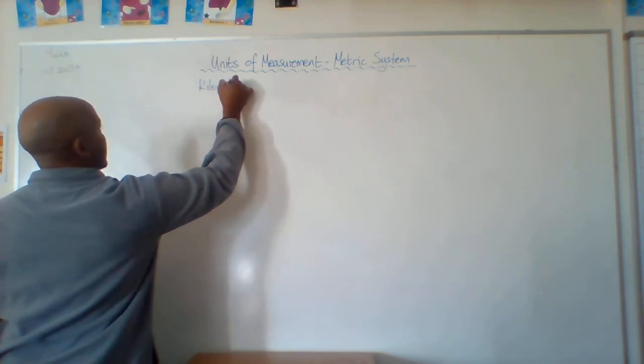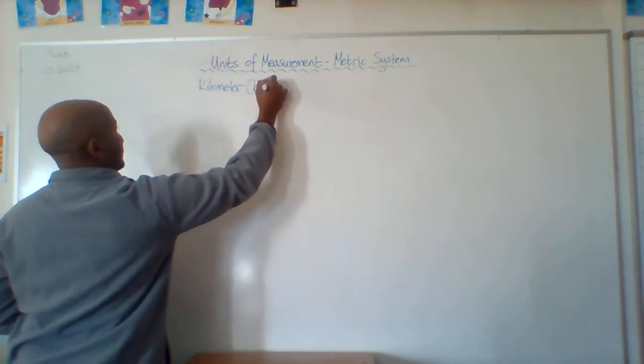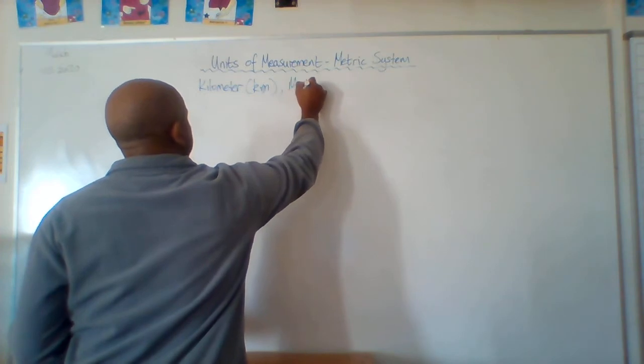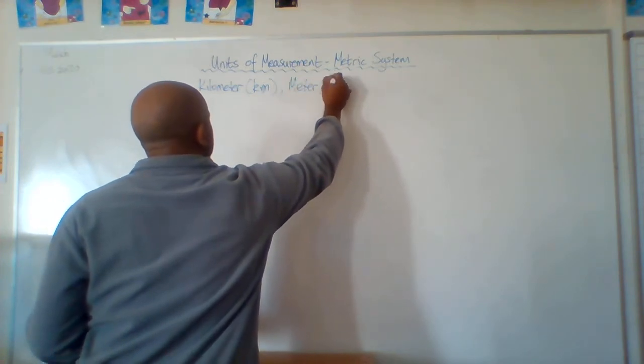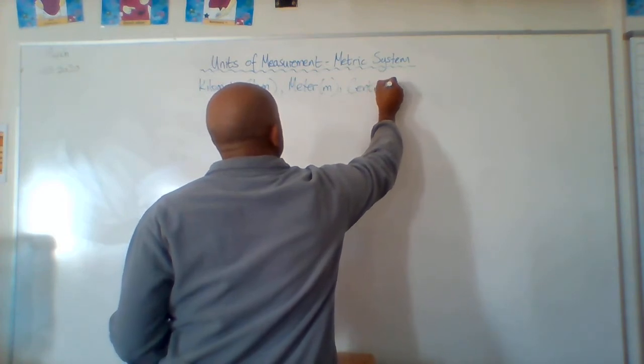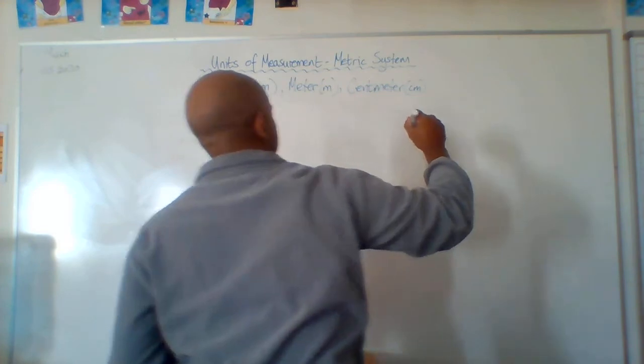A kilometer, that's the SI unit. The kilometer, the meter, the centimeter, and the millimeter.